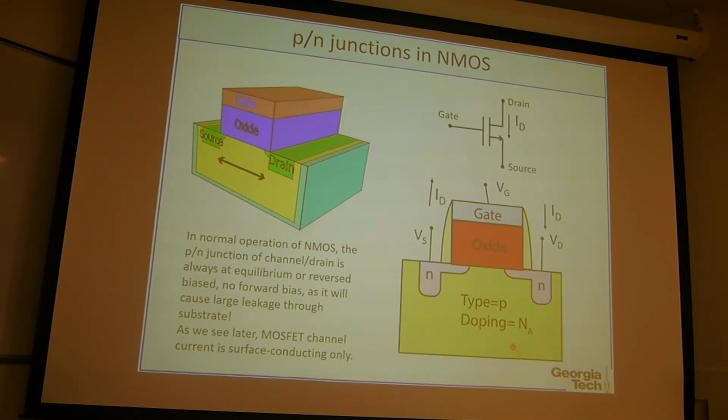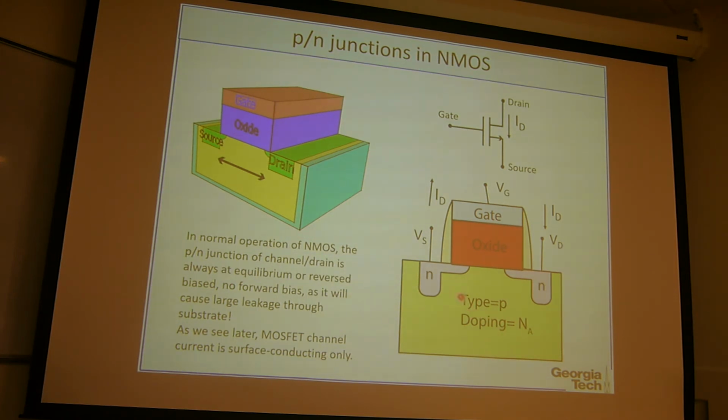And here there is a guideline for the later circuit design. If you are a circuit designer, you need to design your voltage bias of your source, drain, and the body potential. You will have this kind of constraint. That is, the body cannot be forward biased. So that means this condition is not allowed. Let's say, for example, the source and the drain are ground, and then you apply positive voltage to your body.